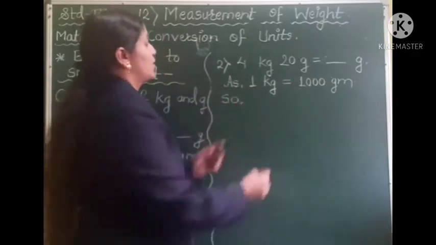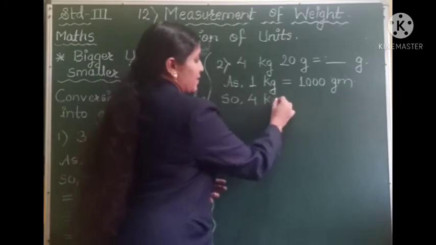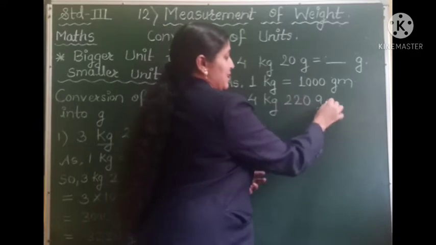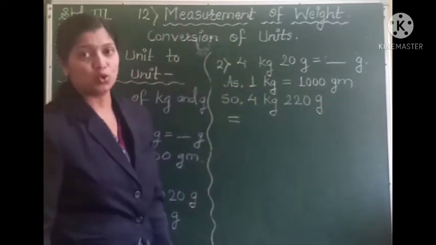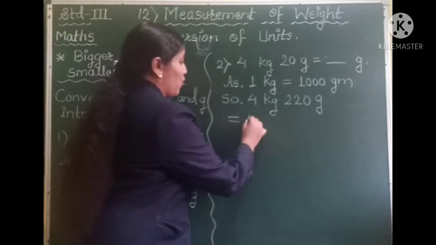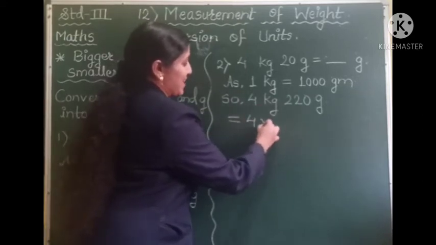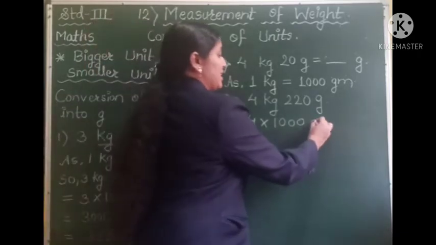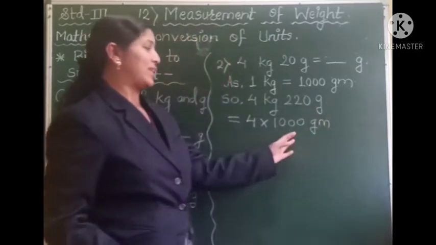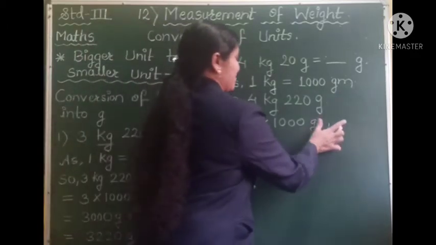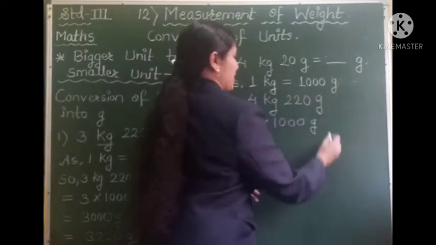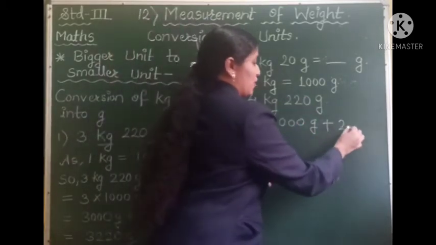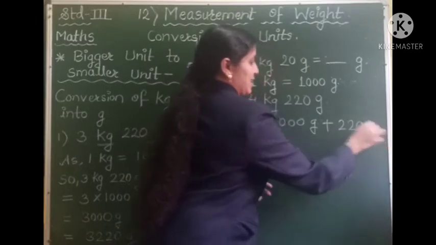So this 4 kg 220 gram is equal to 4, the number of kg is taken and it is multiplied by 1000 because 1 kg is equal to 1000 gram, plus we will add this 220 gram.